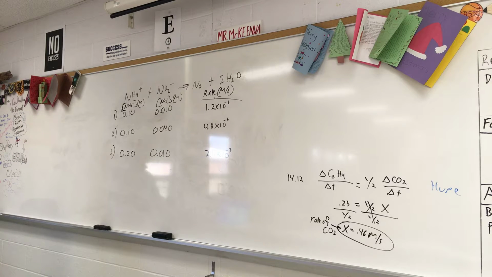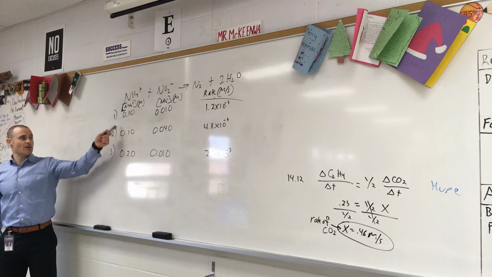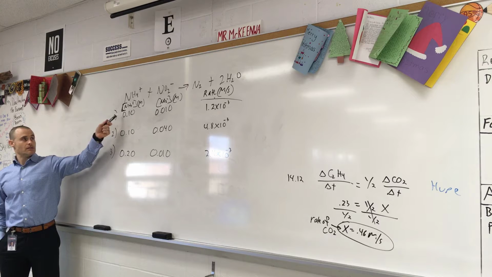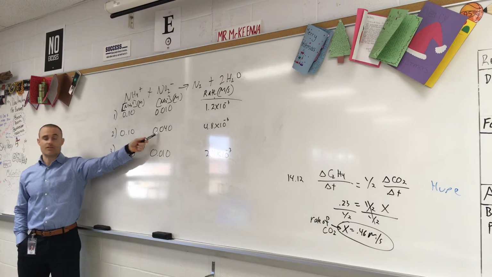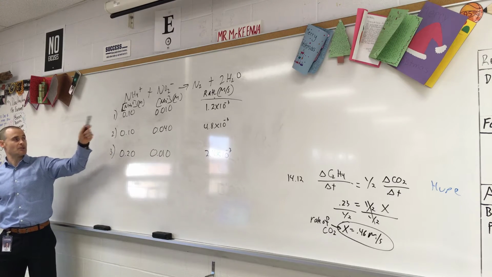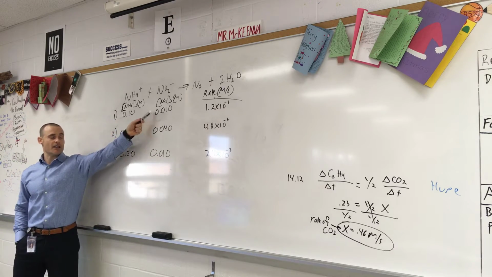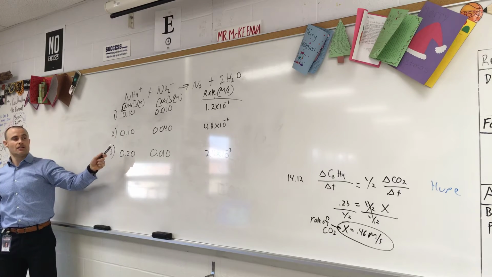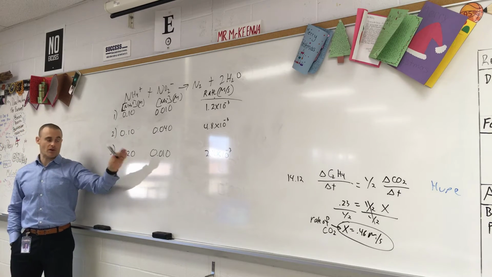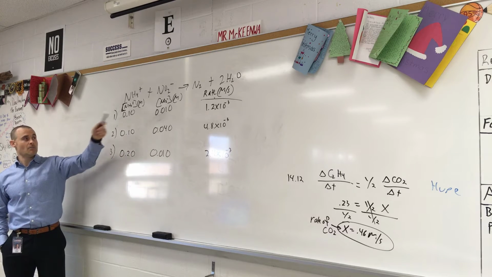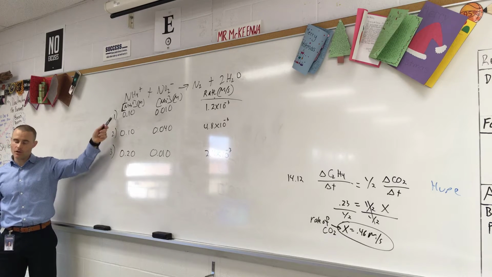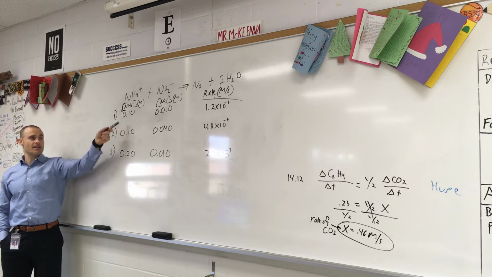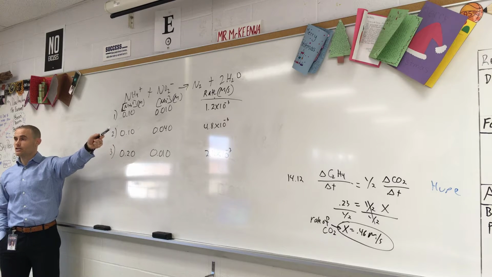Okay. So, the way we do it is we see 2 experiments out of the 3, 1 and 2. This is held constant, but this changes. And we see in experiments 1 and 3, this is held constant, but this changes. So if we want to write the rate law, we're trying to figure out the exponents on the rate law by using all of these numbers. So if I look at the first 2 reactions, I see this stays constant, but does the rate change?